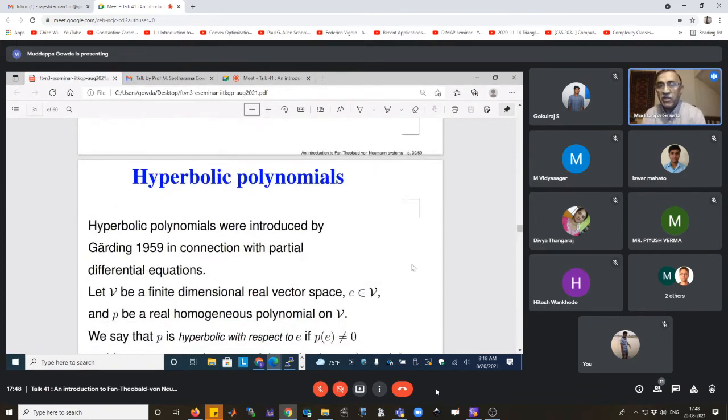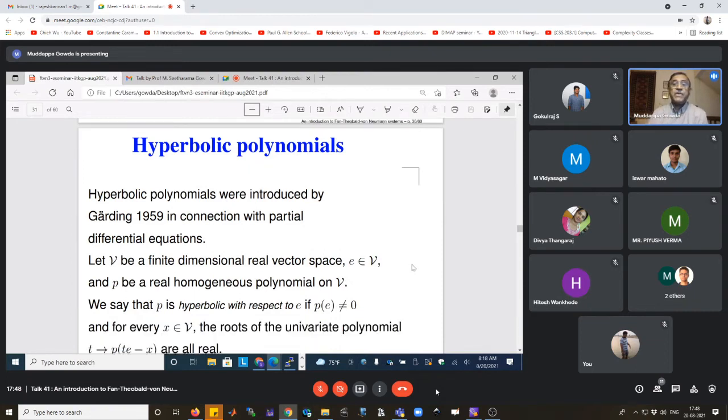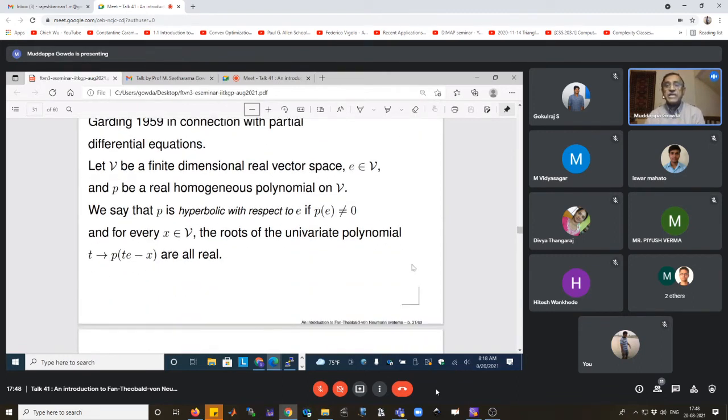Now, let me talk about hyperbolic polynomials. This is quite important, and this leads to lots and lots of interesting open problems. Hyperbolic polynomials were introduced by Gårding in 1959 in connection with partial differential equations. What is the definition? Let V be a finite dimensional real vector space.